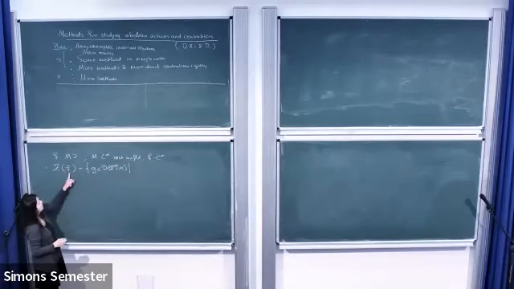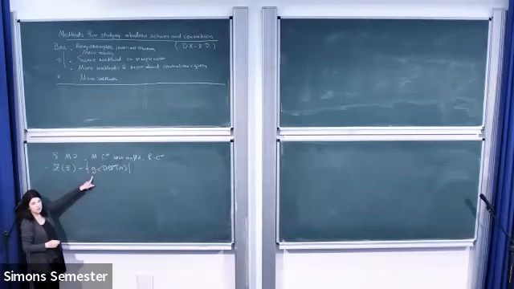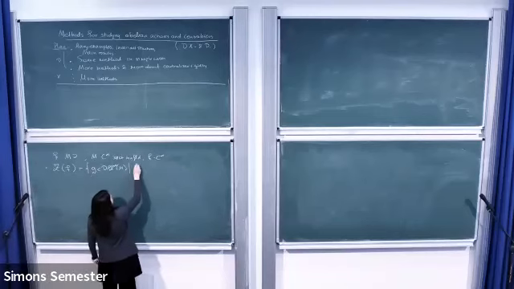What's a symmetry? A symmetry is a coordinate change which doesn't really change your map at all. So it's maps which commute with F.